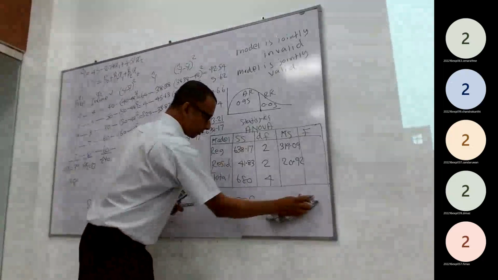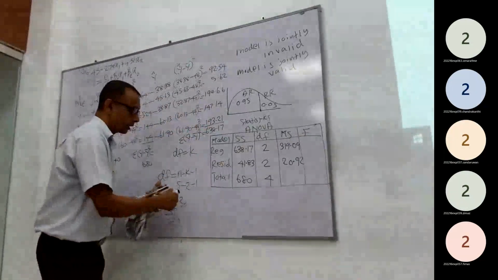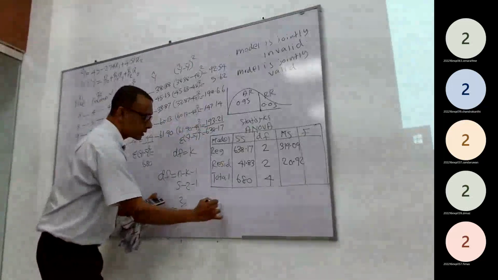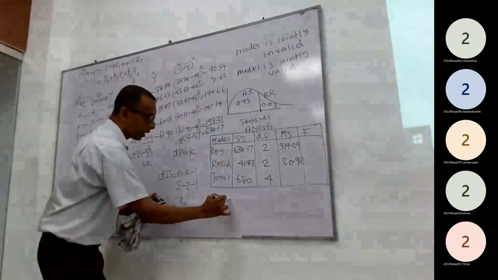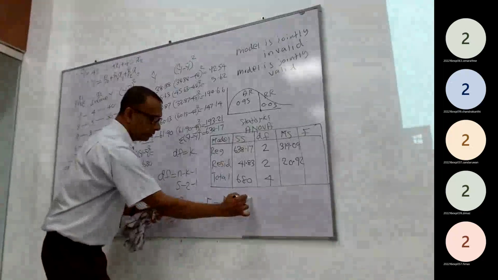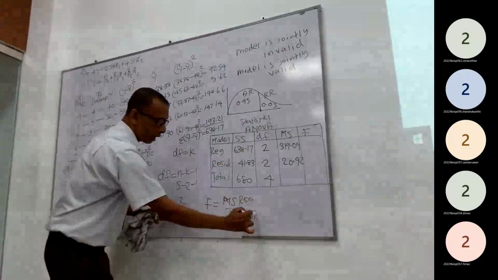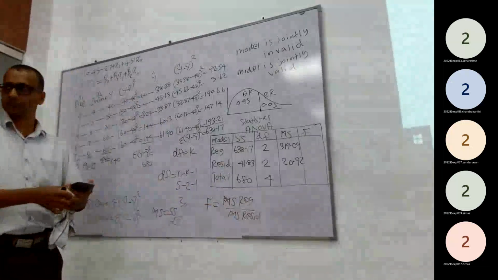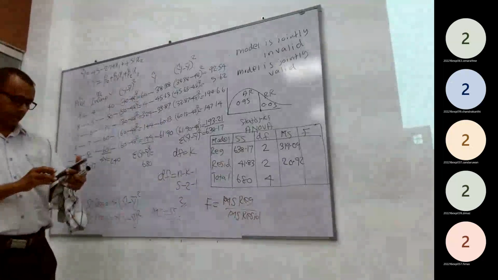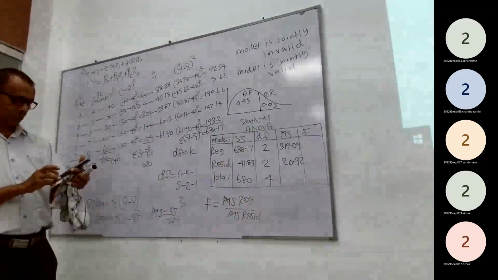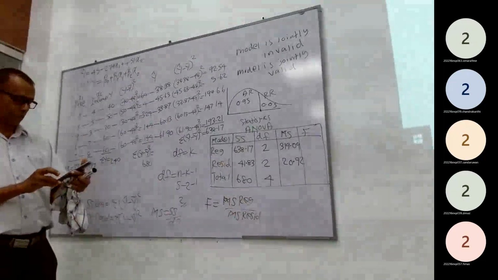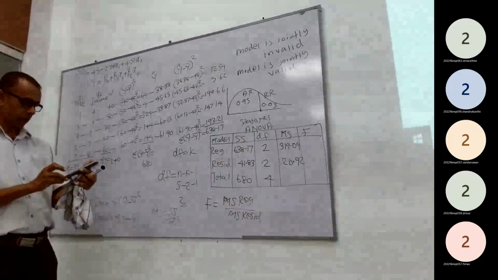Then the F statistic. The F statistic means the mean square regression divided by the mean square residual. Right, 319.09 divided by 20.92.